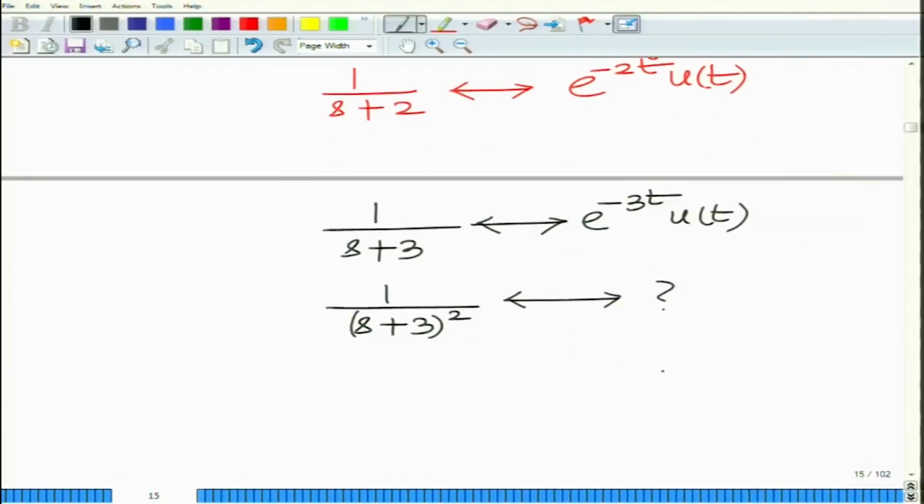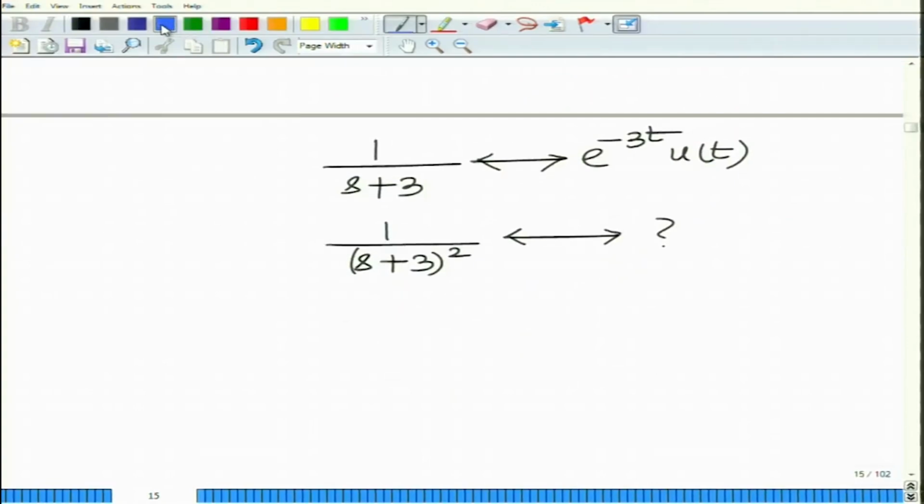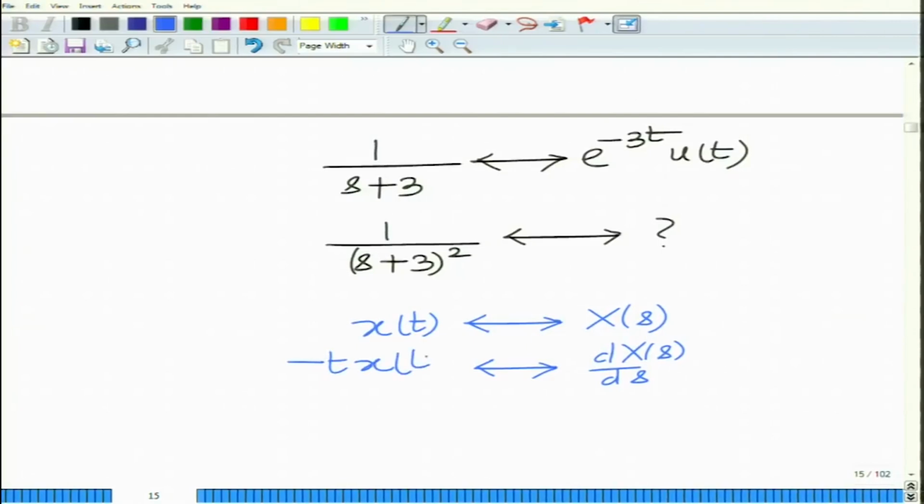Now, for the inverse Laplace transform of this, we will use the property that dX(s)/ds, that is derivative of X(s), that is, let us write the complete property: if x(t) has Laplace transform X(s), then dX(s)/ds has the Laplace transform minus t x(t).